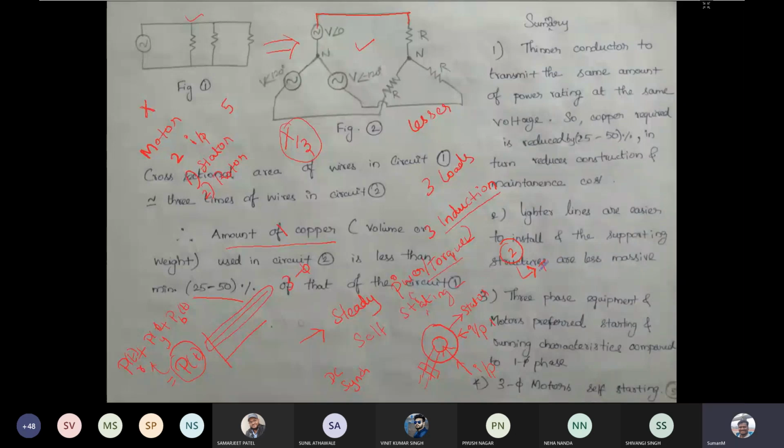Torque means a twisting force. Because of the current in the stator and rotor, there is going to be a flux, and because of that interaction, the rotor is going to feel a twisting force. That twisting force is nothing but the torque.